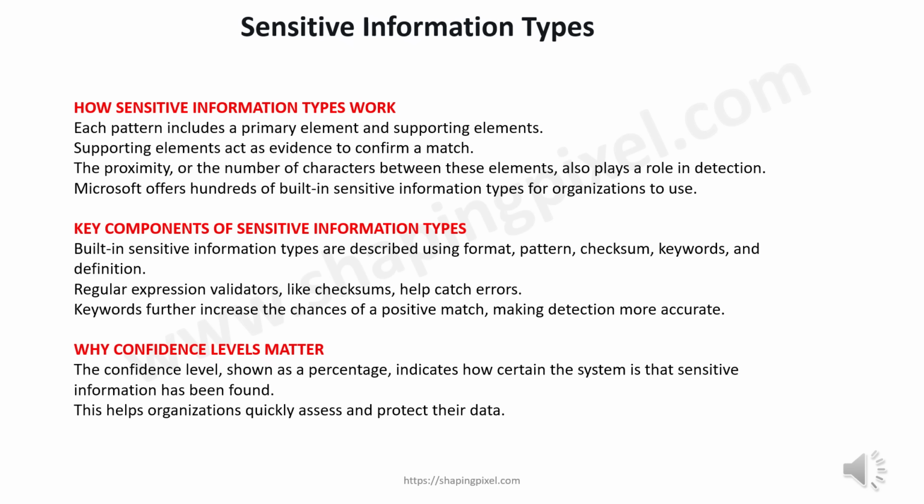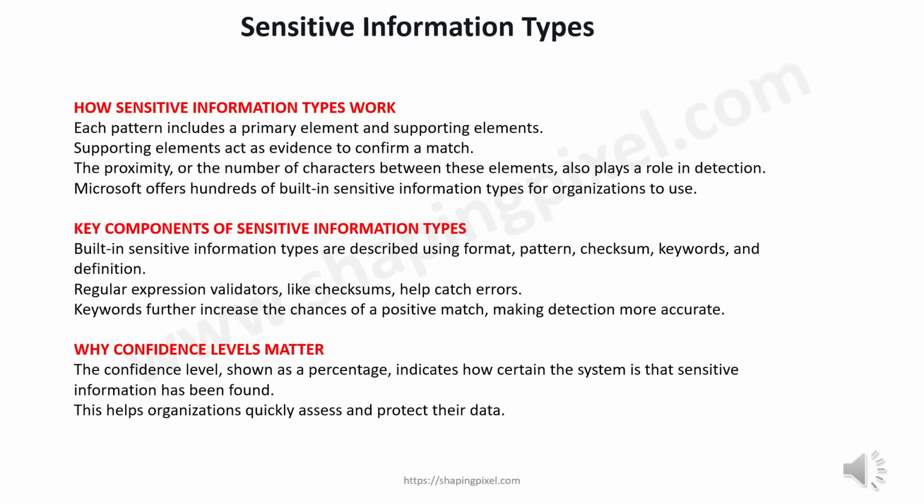A sensitive information type is defined by three things: a name, a description, and a pattern. The pattern is crucial because it determines what kind of sensitive information is being detected, such as a bank account or a social security number.